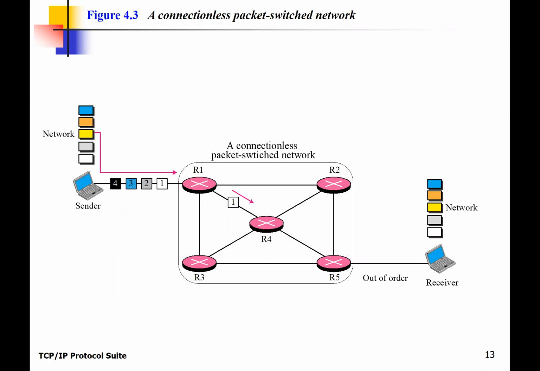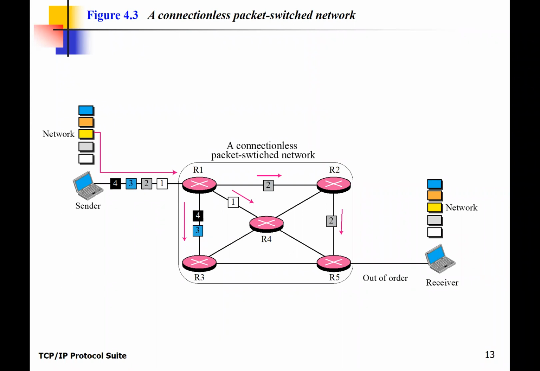Packet 2 goes from router 1 to router 2. Maybe packets 4 and 3 will go to router 3. Then packet 2 will go from 2 to 5, and 3 will go from R3 to R4.